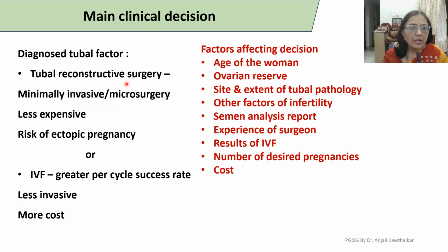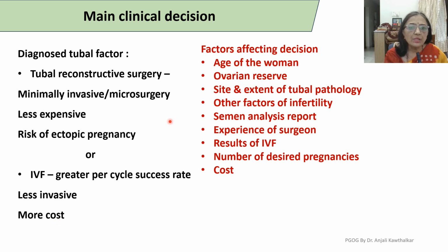Now, this tubal reconstructive surgery is less expensive, but it has a definite risk of ectopic pregnancy after the tubal reconstruction. Or whether to proceed with IVF, in vitro fertilization. With IVF, there is a greater per cycle success rate as compared to tubal reconstructive surgery. It is a less invasive procedure as compared to surgery, but it is more expensive.